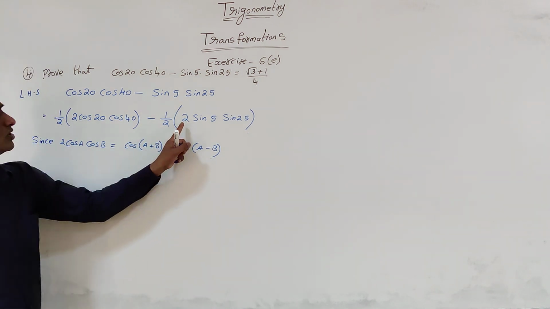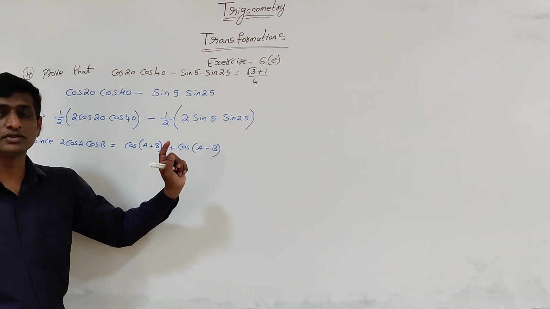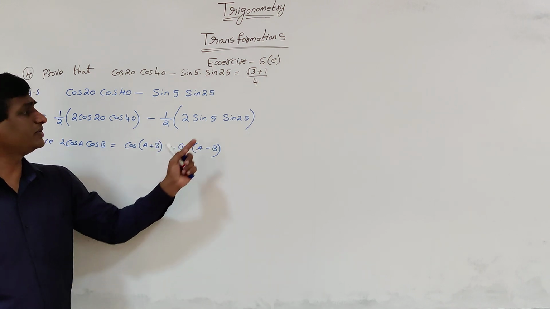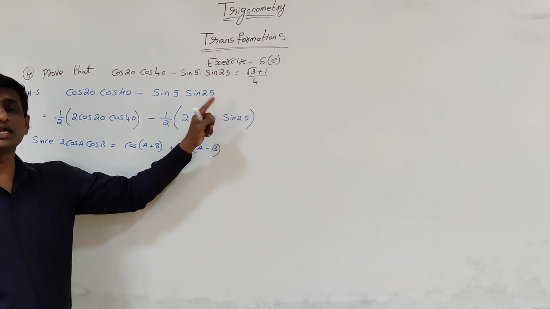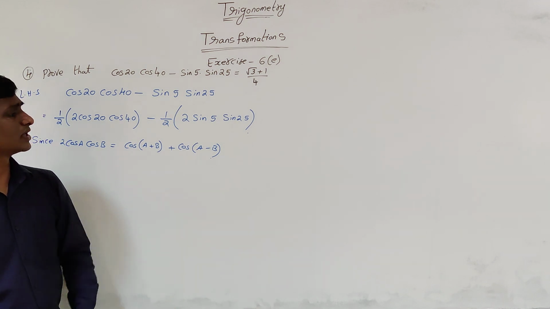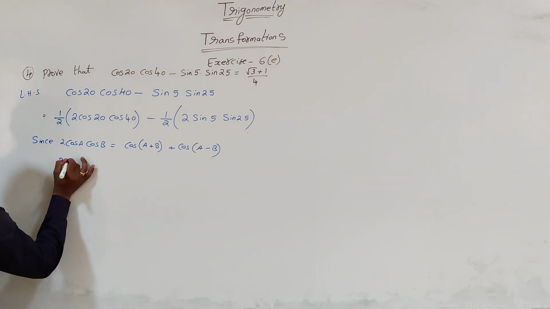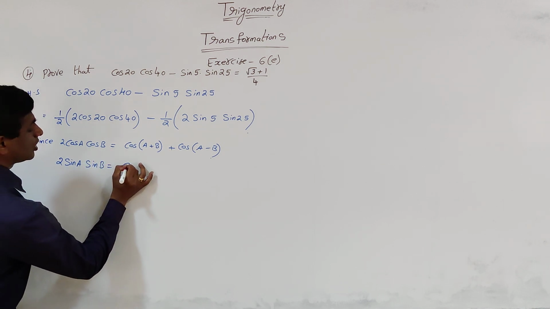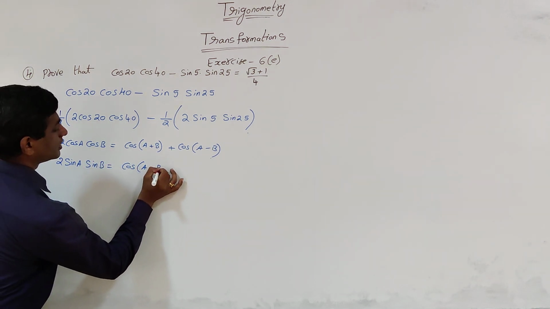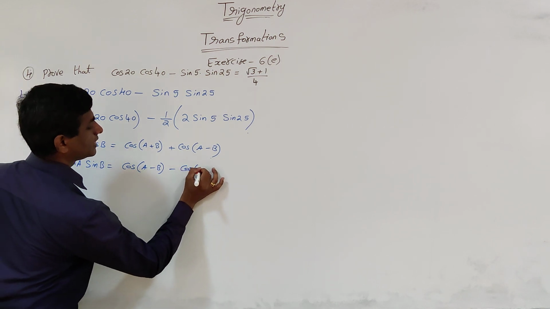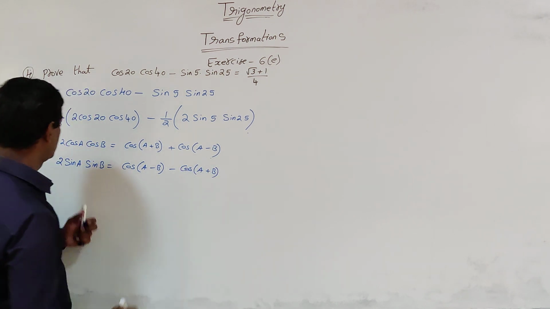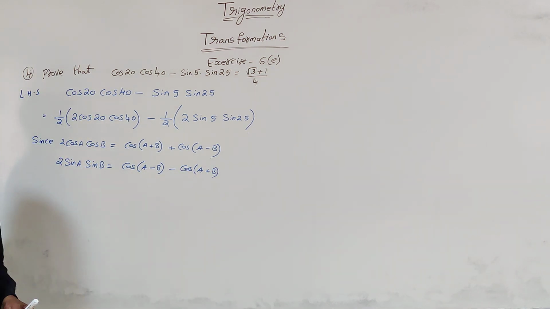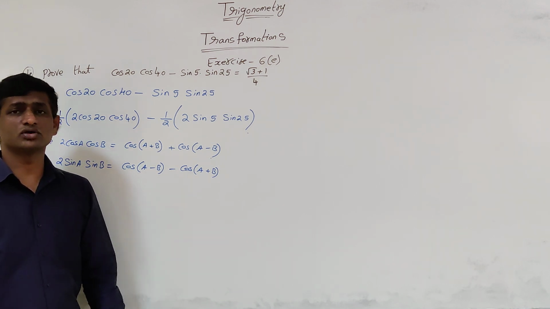And here if you observe, 2 sin A sin B. As it is a product, what is the transformation? 2 sin A sin B is cos of (A minus B) minus cos of (A plus B). Or if it is minus 2 sin A sin B, we can write cos of (A plus B) minus cos of (A minus B).